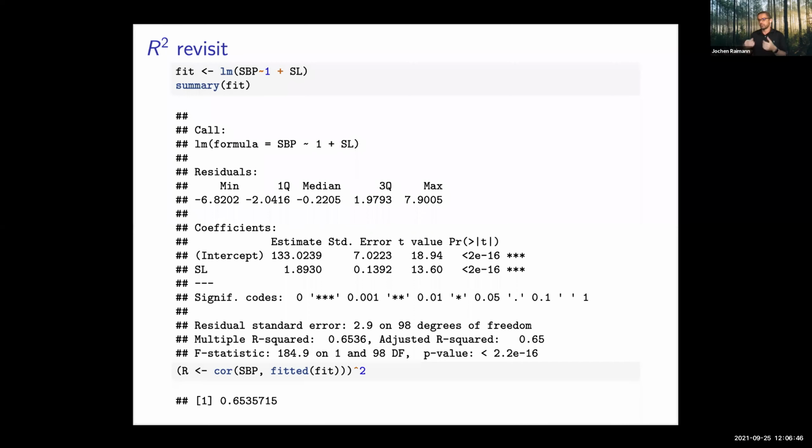So essentially, per definition, it's the proportion of variability in your data that is being explained by your model. So here with 0.65, we're looking at a fairly good R squared, so that's not terrible.